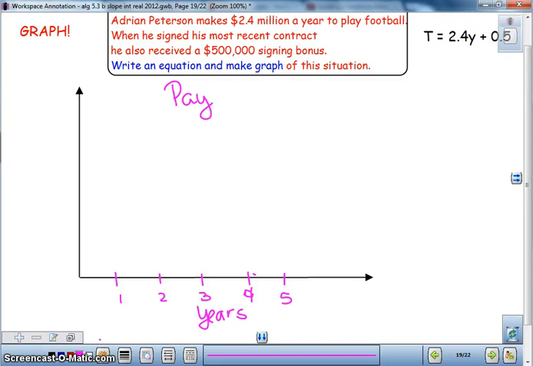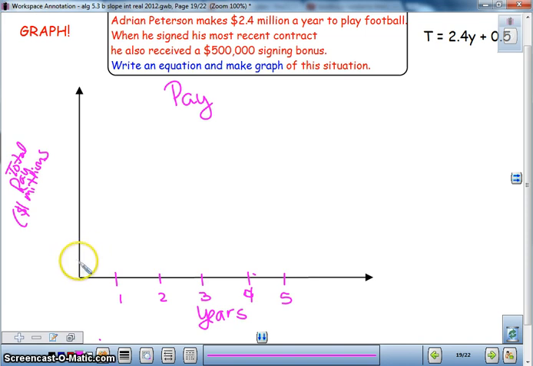As we are looking at the pay, this is going to be our total pay. And remember, we are talking in millions of dollars, so this would be our label of millions. And again, remember, he started at 0.5, but he's going up by 2.4 a year.